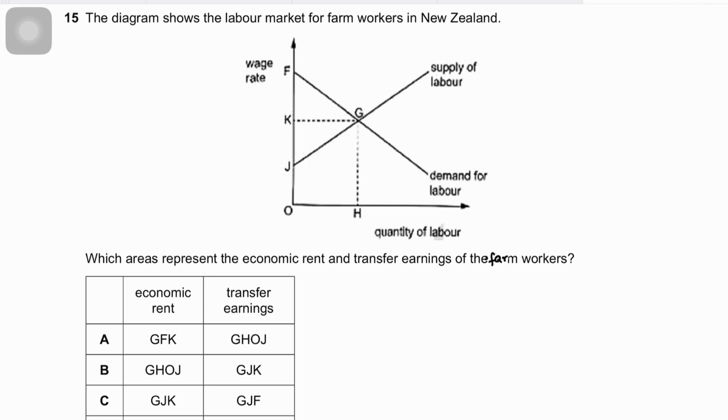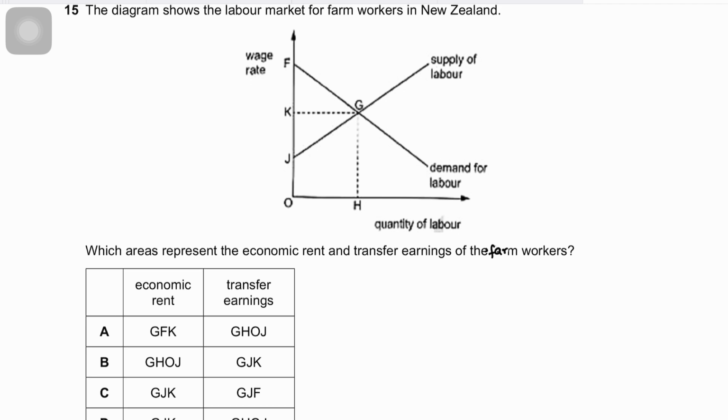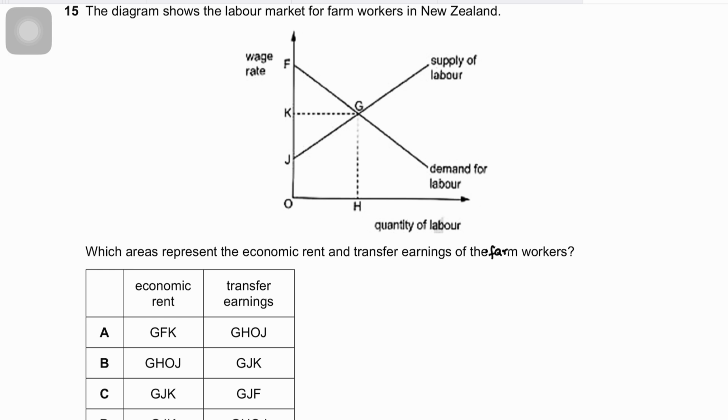And hence, if you want to find out the economic rent, it is any amount earned by a factor of production above the minimum amount required to work in its current occupation. This area is shown below the wage and above the labor supply curve.